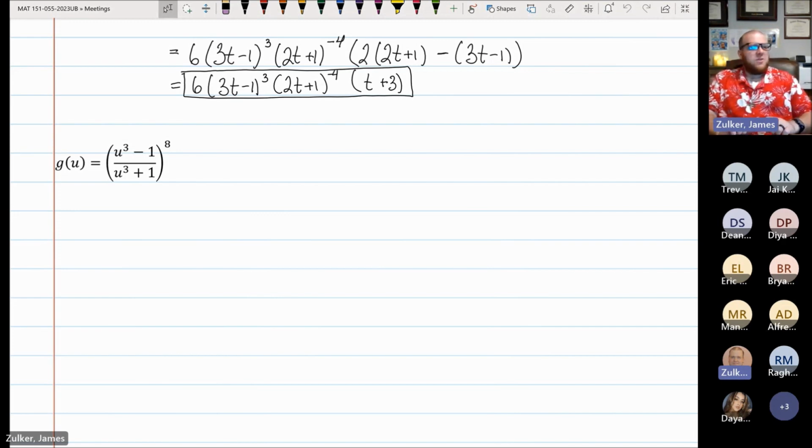So big picture, what kind of function is this? It's not a sum or difference. It's not a product.